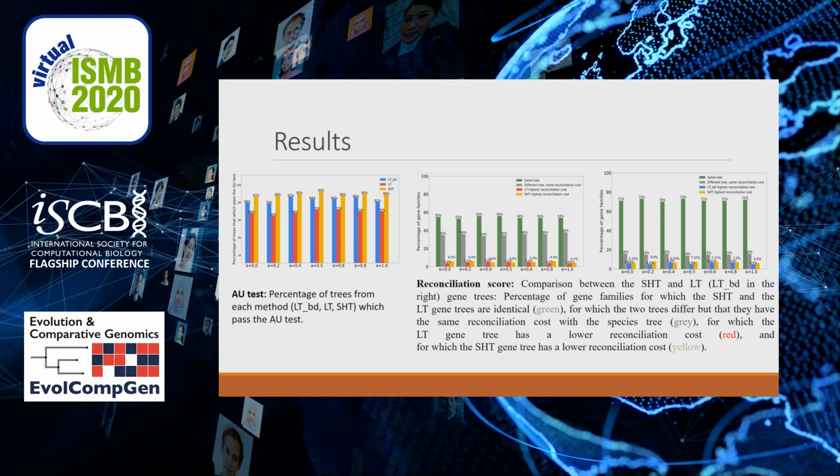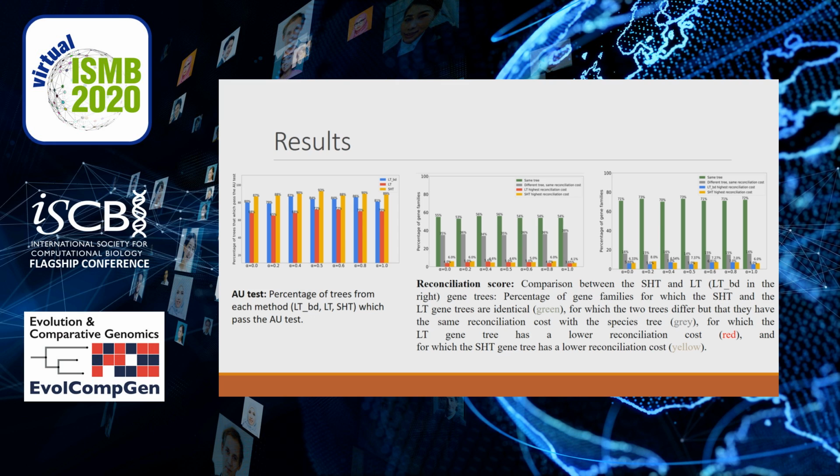The gray represents the percentage of trees for which the two trees differ, but they have the same reconciliation cost. The red color represents the percentage of trees for which the Ensembl tree has a lower reconciliation cost. And finally, the yellow represents the percentage of trees for which our approach has the lowest reconciliation cost.